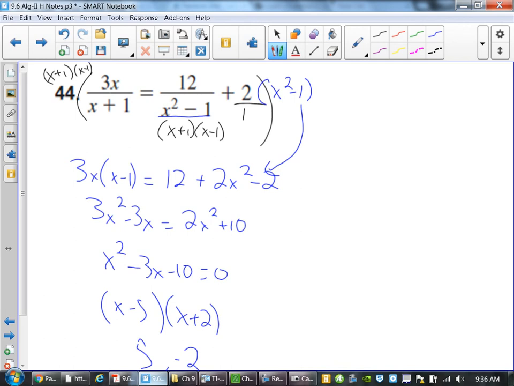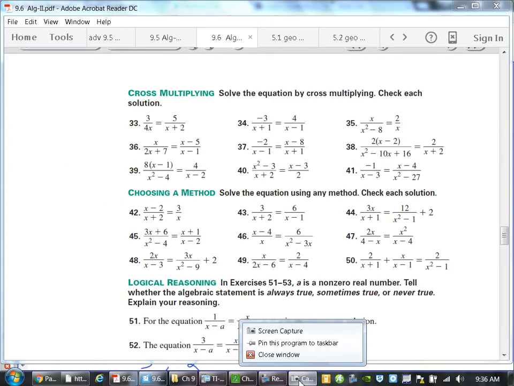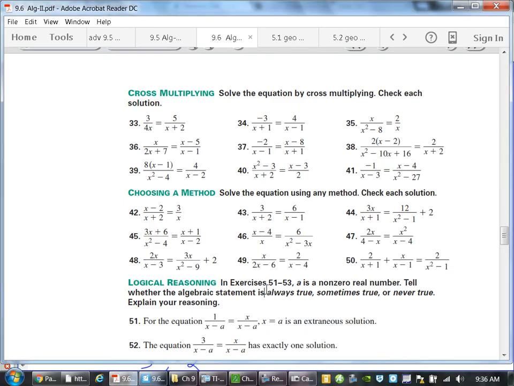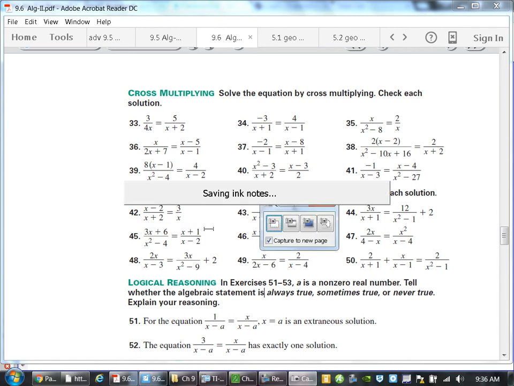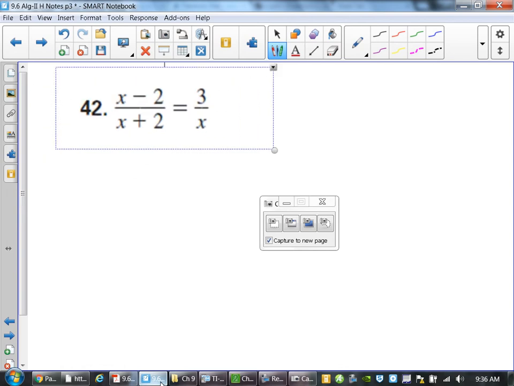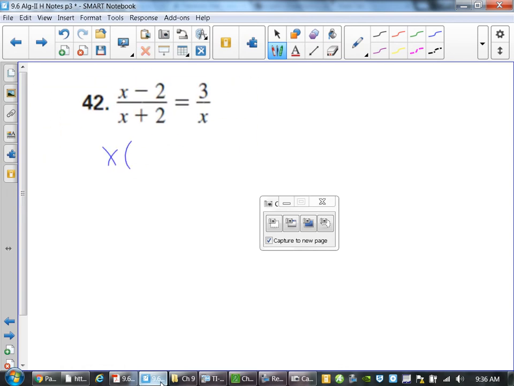What was it? 42? Sure. Fraction equals fraction, so we cross multiply. We have x times x minus 2 equals 3 times x plus 2.